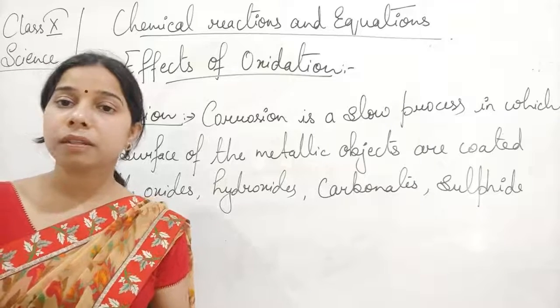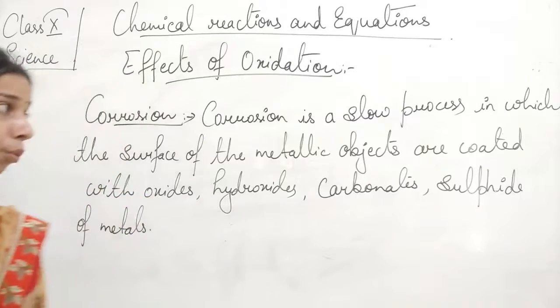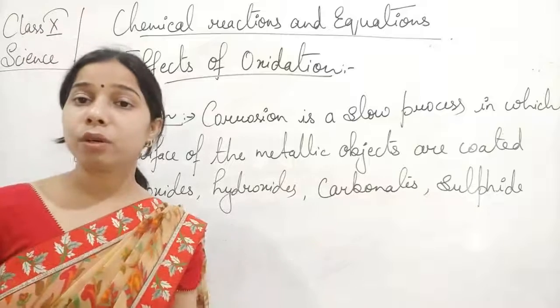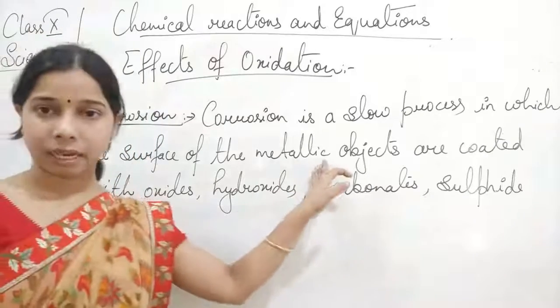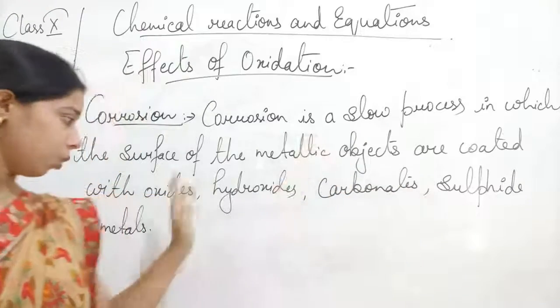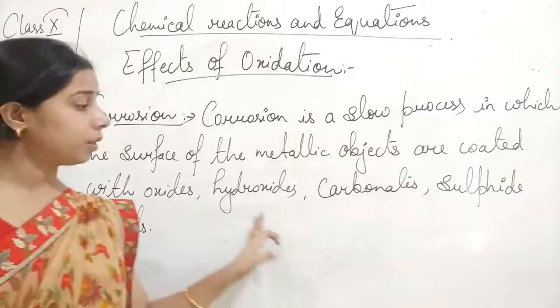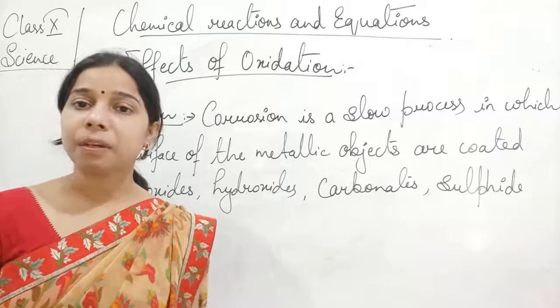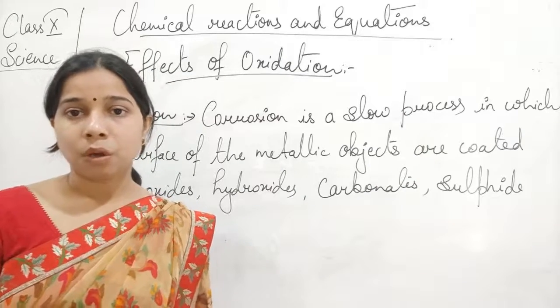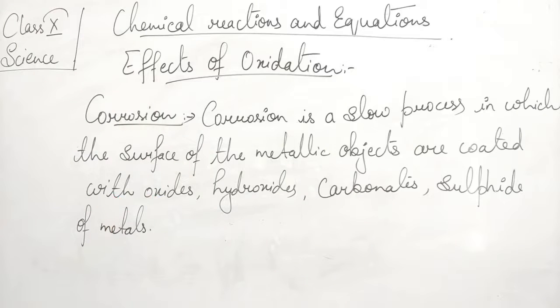So this is corrosion, students, a slow process in which the surface of the metallic object is coated with oxide, hydroxide, carbonate, or sulfide of the metal. This is the definition of corrosion.